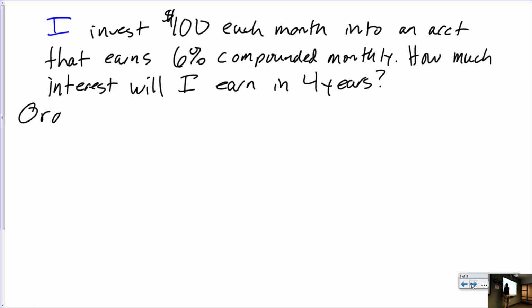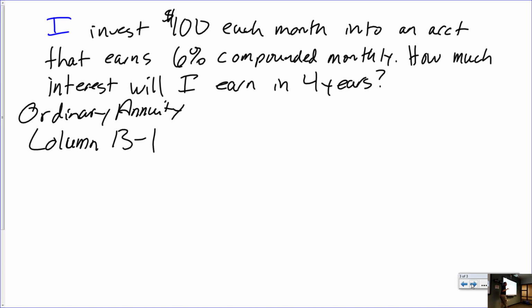So this is an ordinary annuity. And we're going to work with column 13-1, okay? Now, the only trick to this, of course, is that I asked for interest this time instead of the actual how much will I have thing. So there is a little bit of extra work to do here, all right?